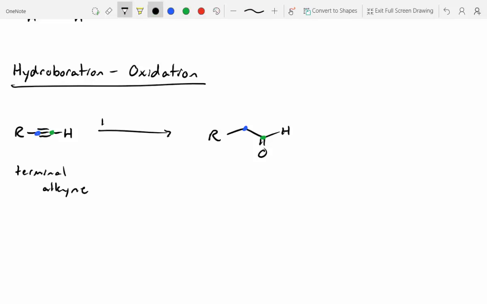And then the reagents we use for this, do we use borane THF? No. Why don't we use borane THF? Exactly. You've got two pi bonds. So in this case, you have to use a really big, bulky borane to prevent multiple additions. And then we have to oxidize it by using hydrogen peroxide and sodium hydroxide.